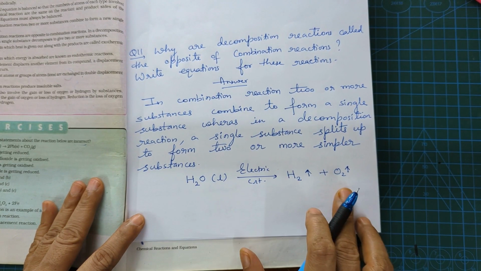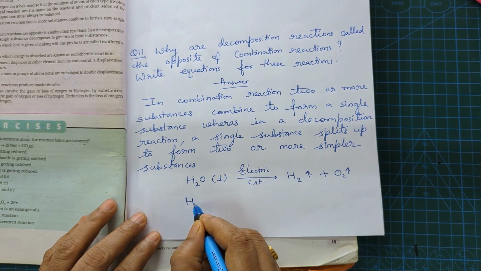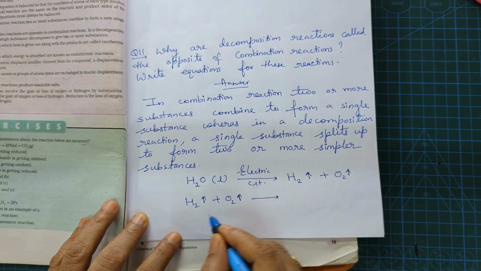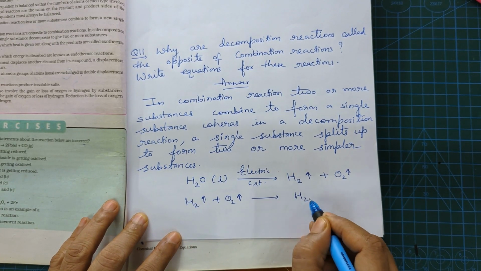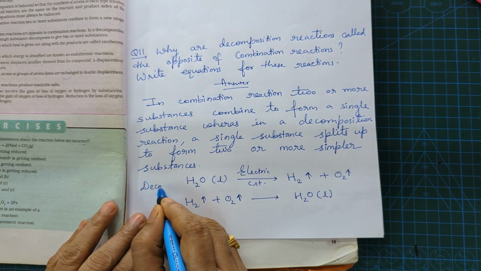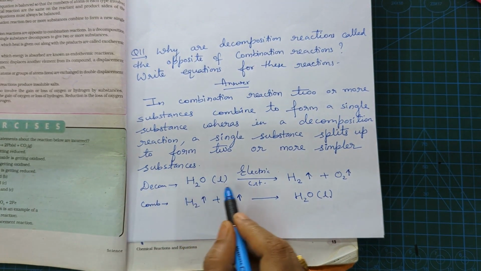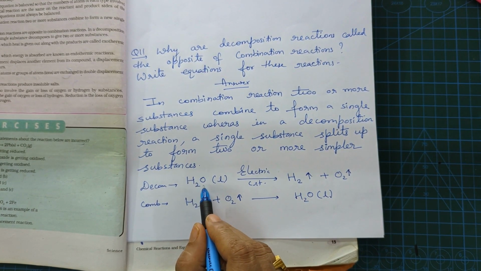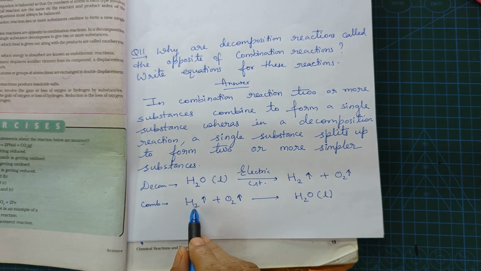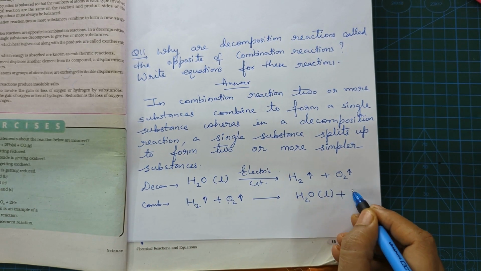So this is a decomposition reaction. Its reverse is a combination reaction, meaning hydrogen gas reacting with oxygen gas, hydrogen and oxygen combine to form water. So the first one is a decomposition reaction and the second one is a combination reaction. So in the decomposition reaction, water absorbs energy and breaks down to simpler forms, and in the combination reaction, simpler forms combine to form a single substance, and in the process energy is released.